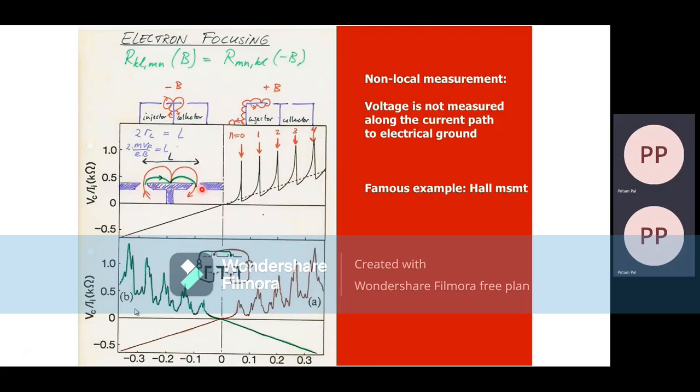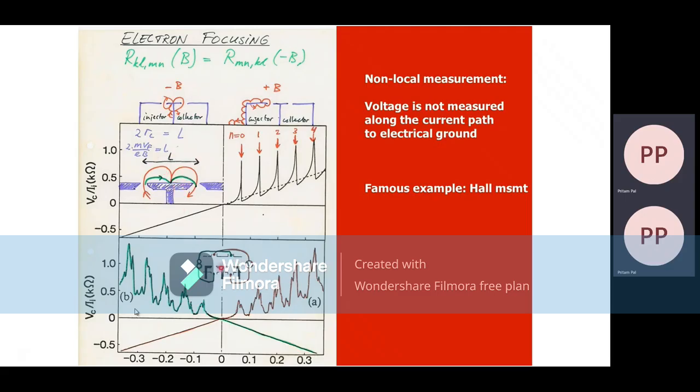The two-dimensional electrons live 100 nanometers below the surface of the semiconductor, so a constriction gets defined, and through this constriction electrons can be injected into this region. Voltage is measured across this side.